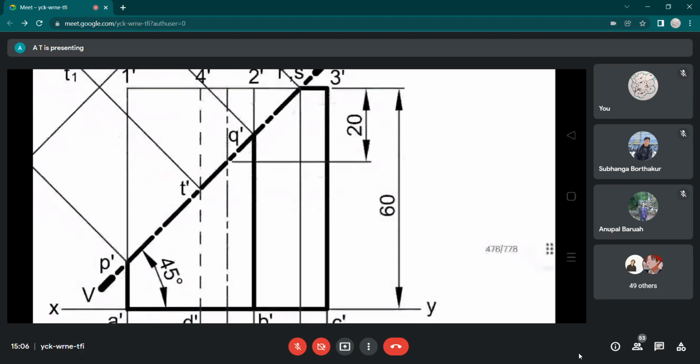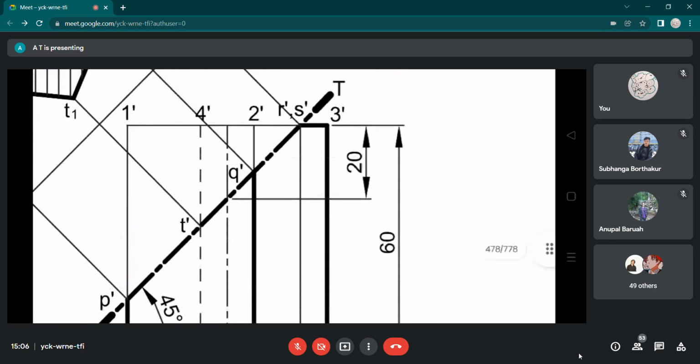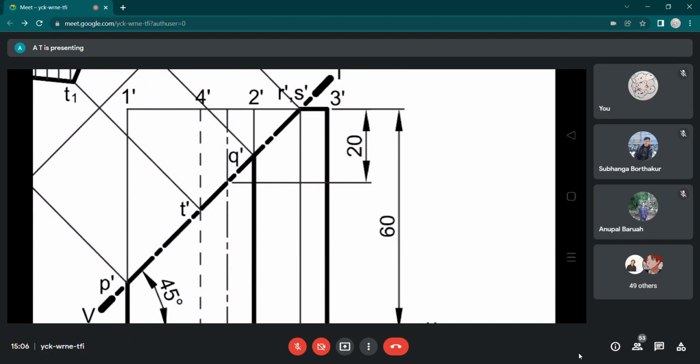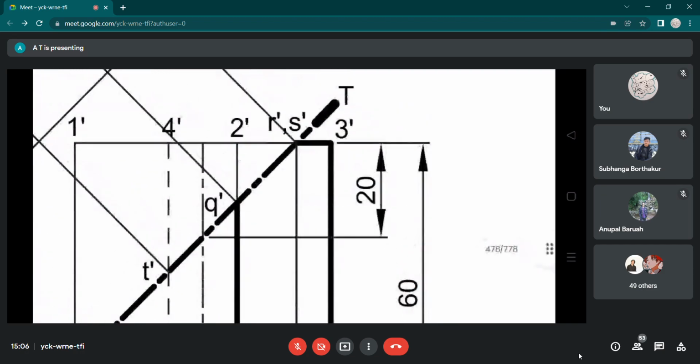And at which particular point will it cut the top edge of the prism, 2 dash 3 dash?